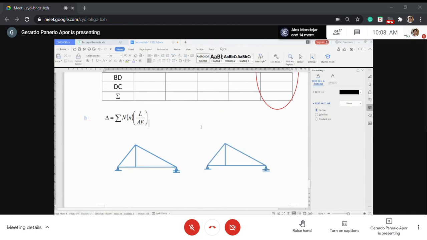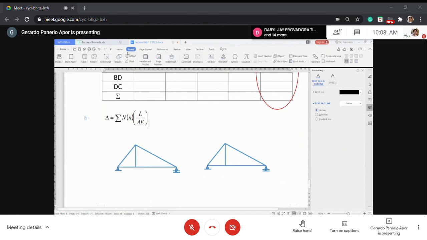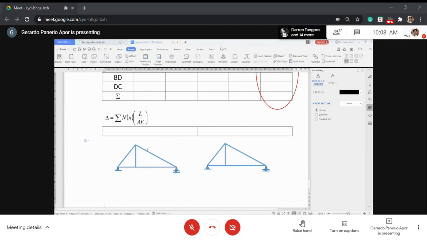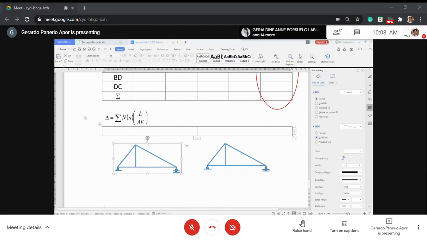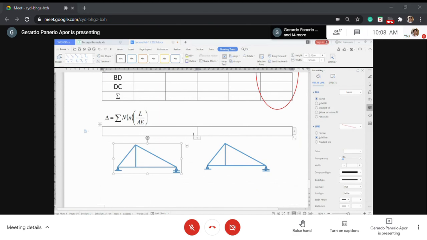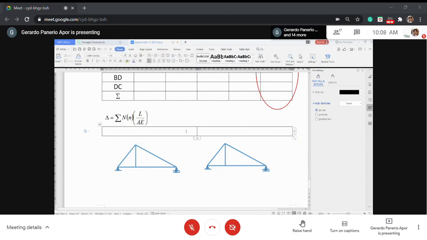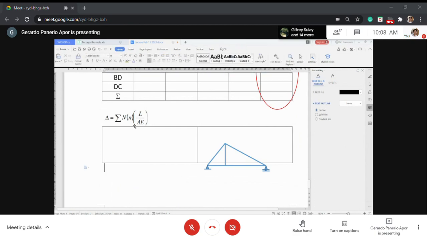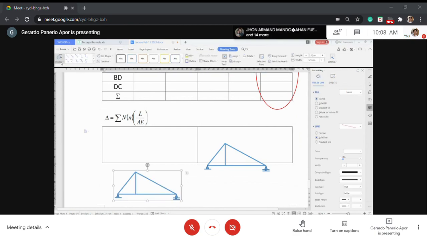Okay, so if I'm interested in looking for N, I will insert a table here. Paste. And just put it there.